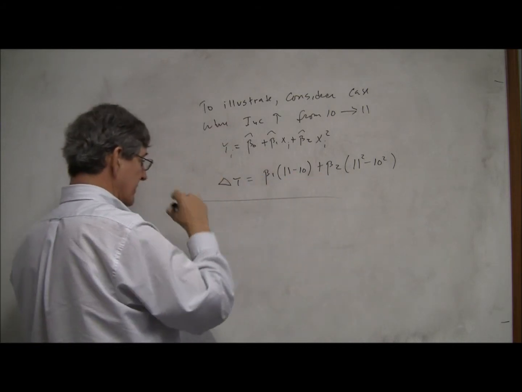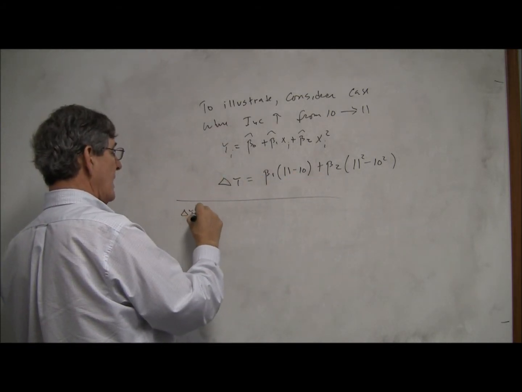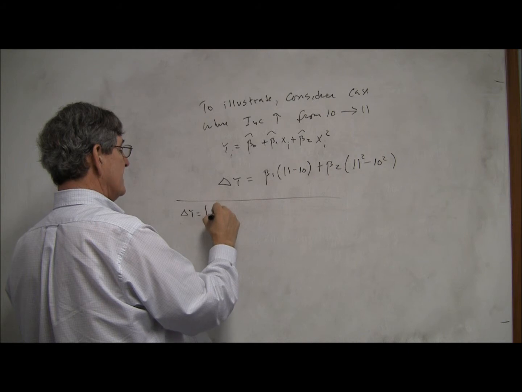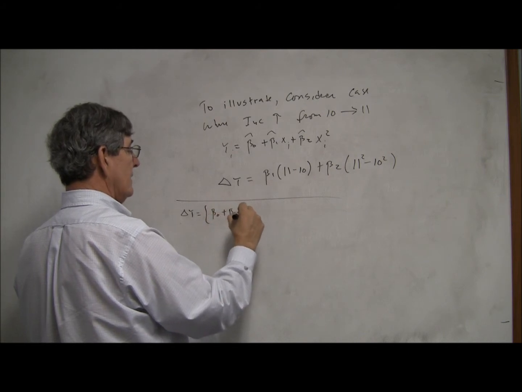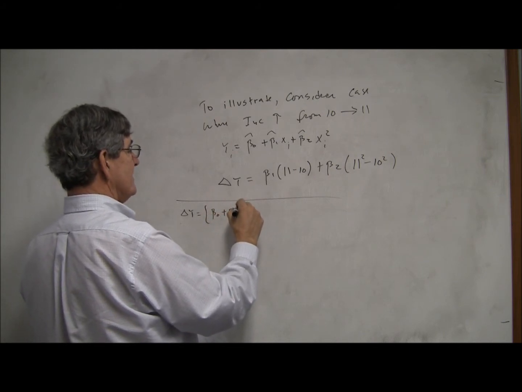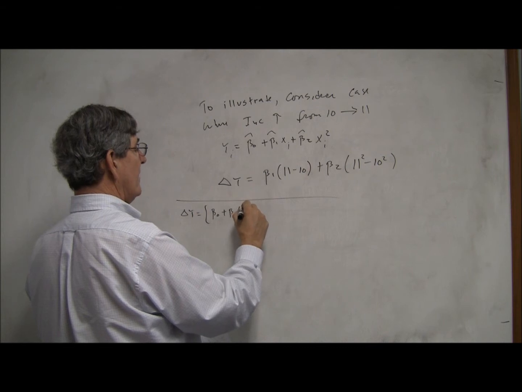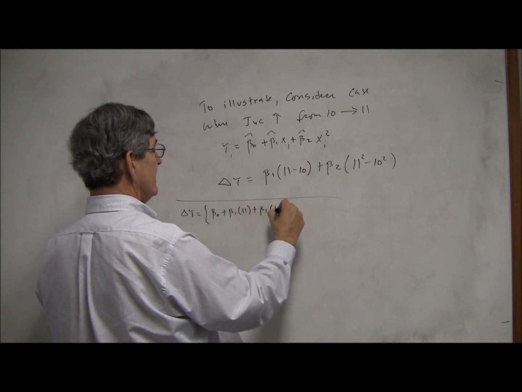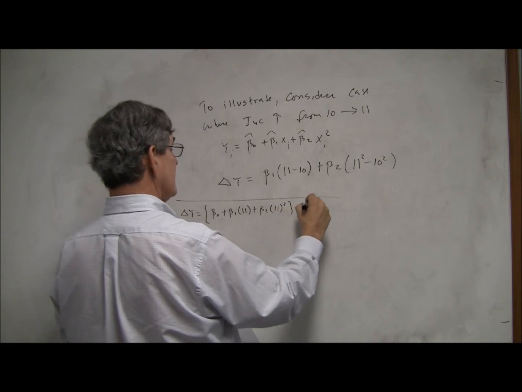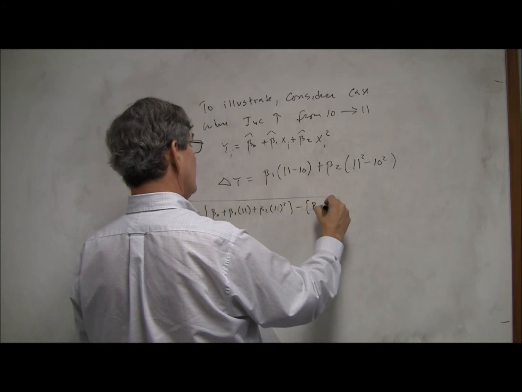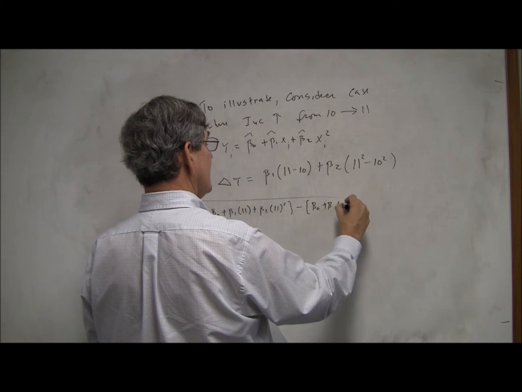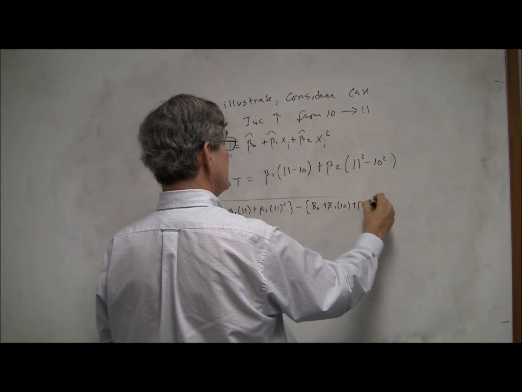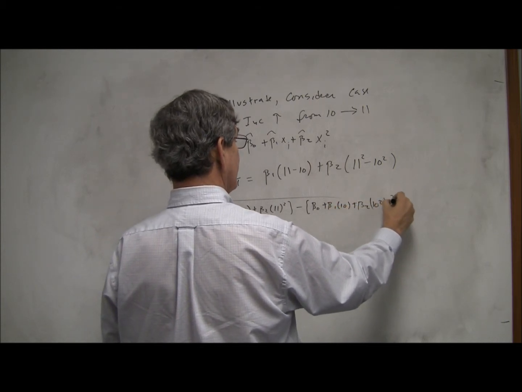If that's confusing, remember we said the change in y is beta 0 plus beta 1 times 11 plus beta 2 times 11 squared, minus beta 0 plus beta 1 times 10 plus beta 2 times 10 squared.